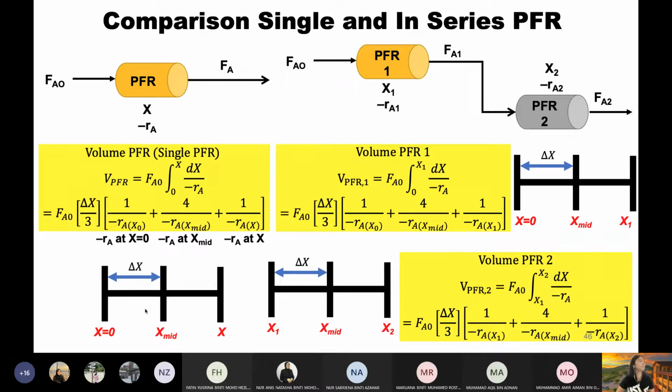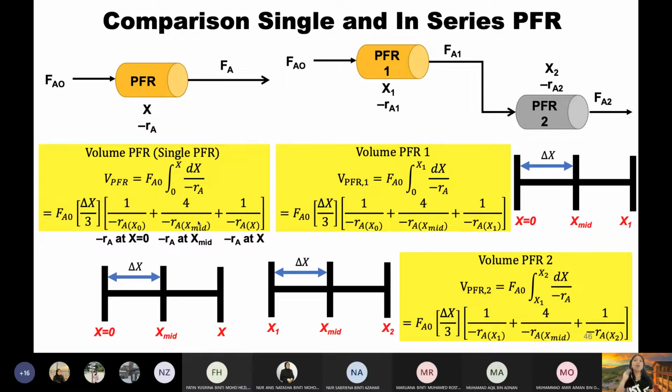So maksudnya it will be 4 per minus RA when your X is 0.4. Ataupun pada X middle conversion kamu, which kamu kena cari sendiri. Kamu kena tahu berapakah kamu punya middle conversion. Cari di titik tengah. Katakan conversion kamu 0.6. So 0 to 0.6, middle conversion kamu 0.3.